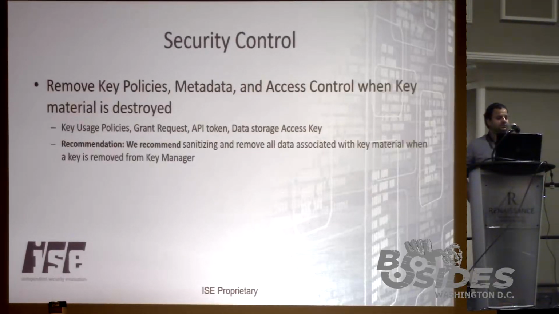And one of the last ones, I guess, is to remove key policy, metadata, and access control when key material is destroyed. So if you remove a key from a key manager, and this happens, and specific accounts, specific metadata, or specific access controls were set up for specific users or applications, they should be orchestrated to be removed automatically or by hand when the key material is retired.